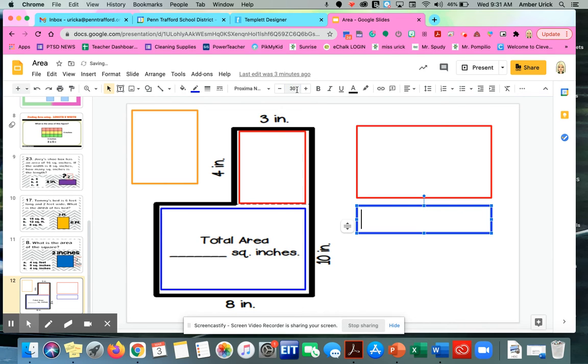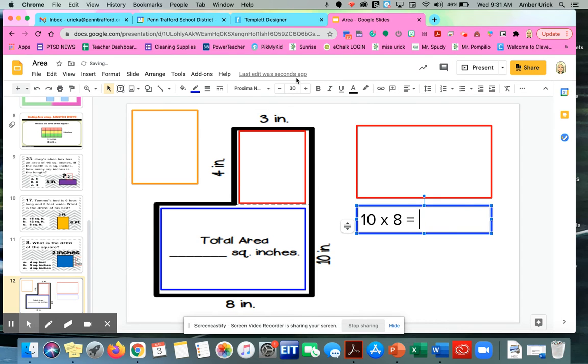Let me beef up my font right now. If I use my famous formula of length times width, right? Can I do that? Let's go ahead and do that. So what would it be? Can I do 10 times 8?